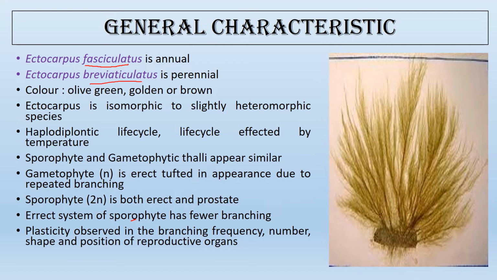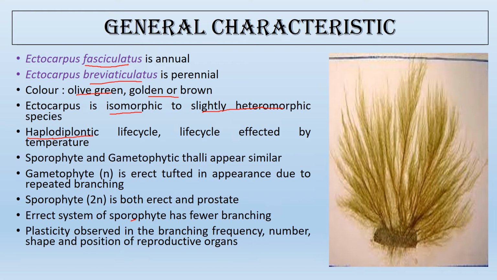It is highly branched and olive green to golden brown in color. The life cycle has a haploid and a diploid generation, so this type of life cycle is called the haplodiplontic life cycle, and it is either isomorphic, that is similar in structure, or slightly heteromorphic, that is having a slight difference in the structure of the gametophytic and the sporophytic generation.